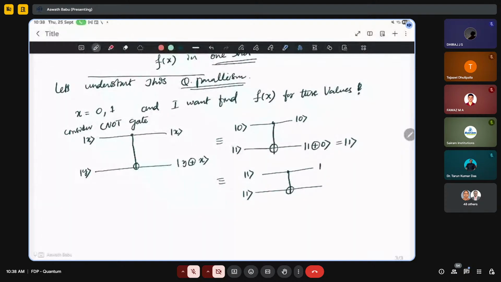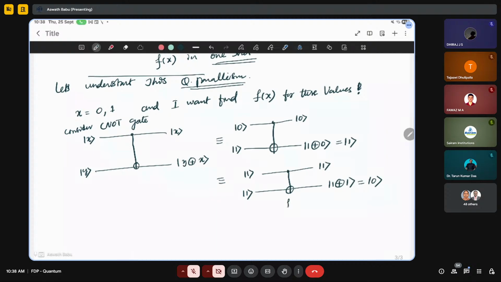As you see, control goes as it is, target gets flipped. 1 plus 1 with addition modulo 2 is 0. So you are going to get 0.